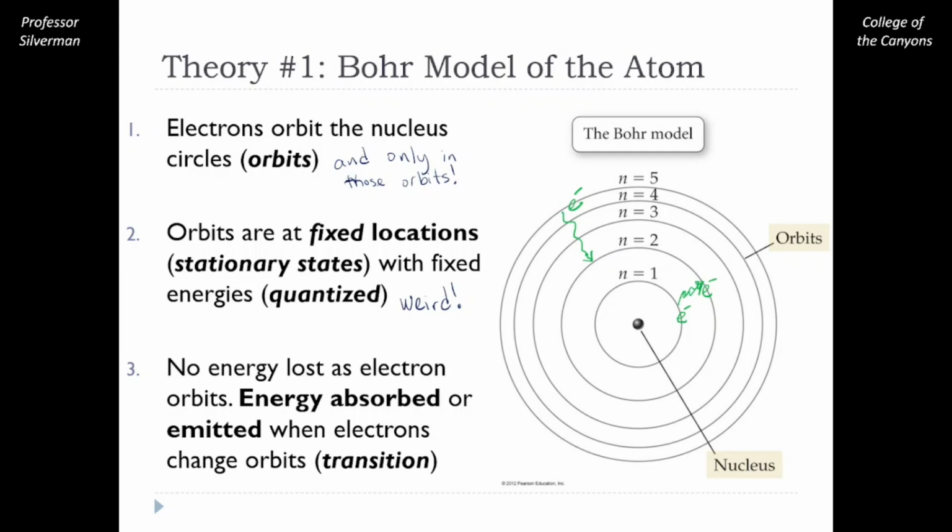If you're going from high energy states to low energy states, you need to get rid of energy, emit energy. So what we're saying is we need to absorb energy to climb up to a higher level, and we get to emit or give off energy when we're falling from a high energy state to a low energy state.